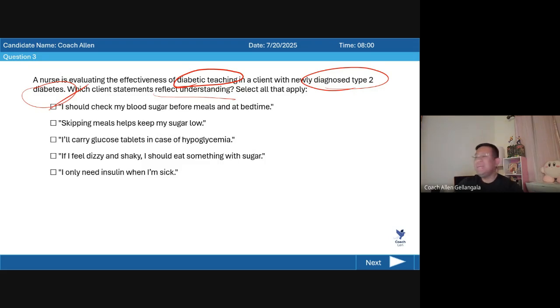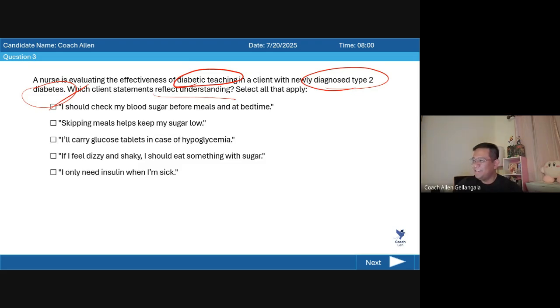I need to skip meals to keep my sugar low. Like you force intermittent fasting in your system simply because you have diabetes mellitus type 2. Is that good? Of course not.